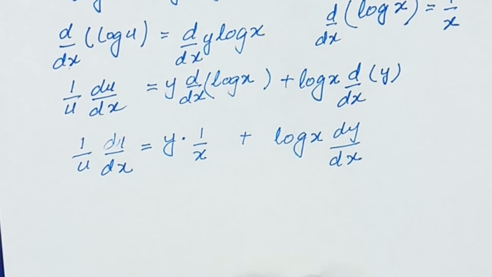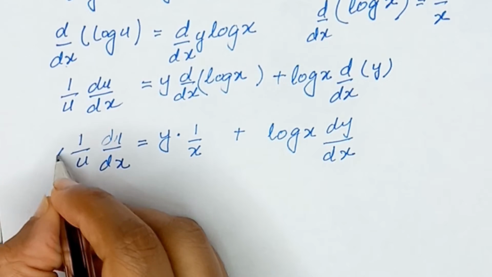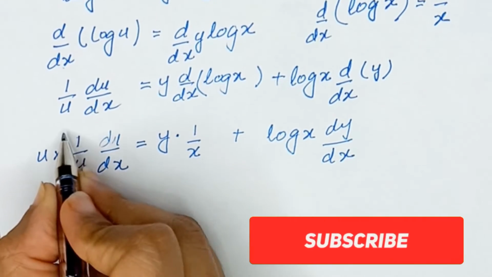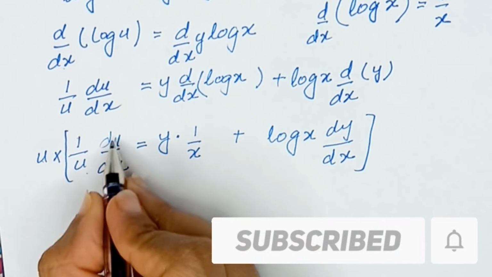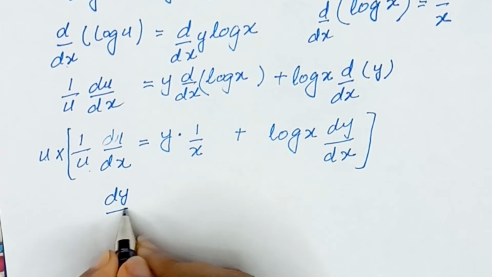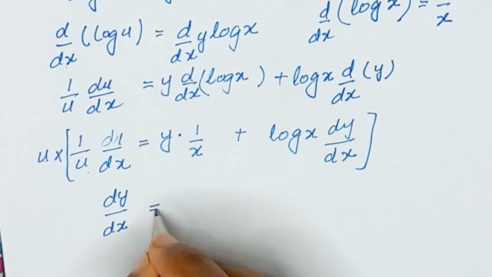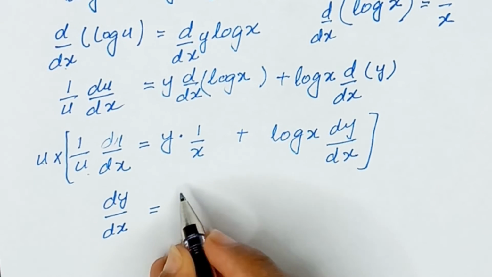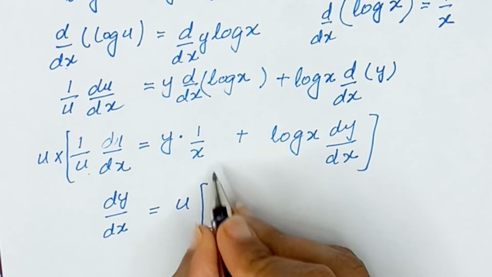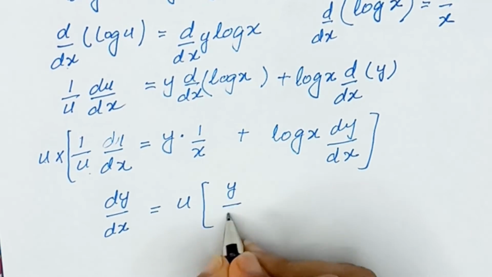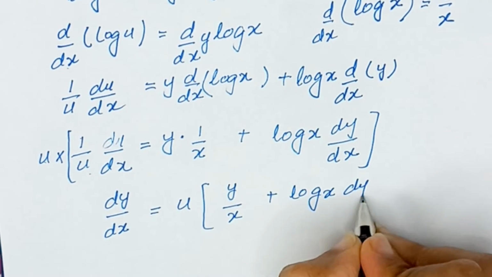Now we will multiply both sides with u. So multiplying u with the whole, it will be cancelled out and it will become du divided by dx is equal to u times y divided by x plus log of x dy divided by dx.